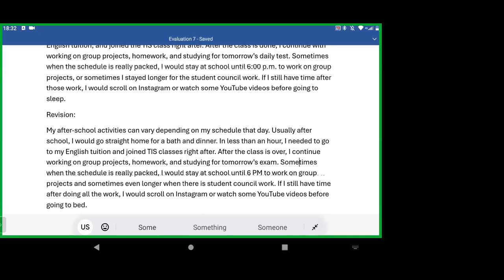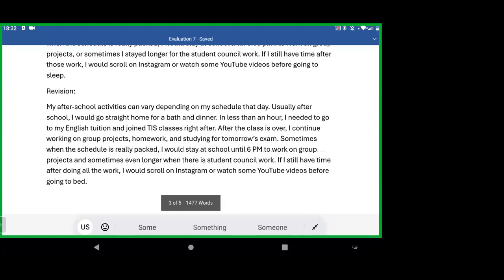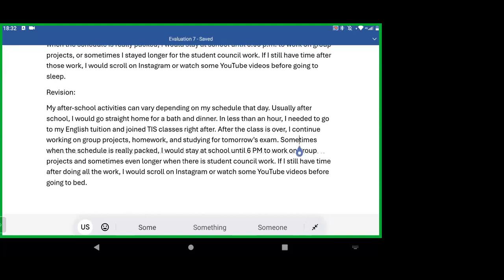And then the next sentence we have: If I still have time after this work, I would scroll on Instagram or watch some YouTube videos before going to sleep. Okay, still the same. If I still have time after doing all the work, so instead of saying after those work, I'm trying to emphasize that after doing all the work, you will do your leisure activities like relaxing, unless all of your work has been completed for the day.